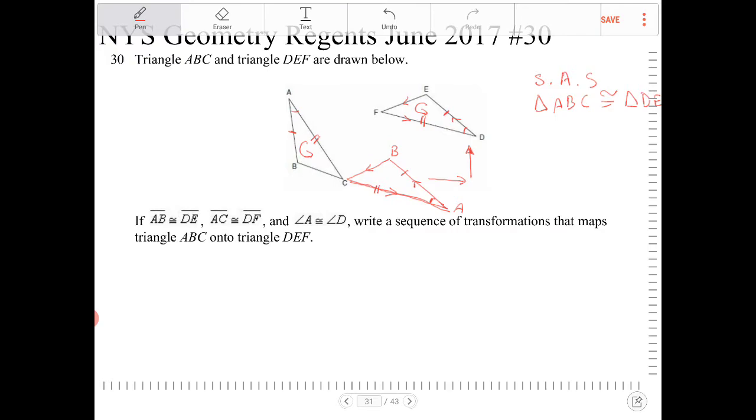So the question is saying, write a sequence of transformations that maps triangle ABC onto triangle DEF. We're going to have to rotate triangle ABC over point C, then translate after the rotation.